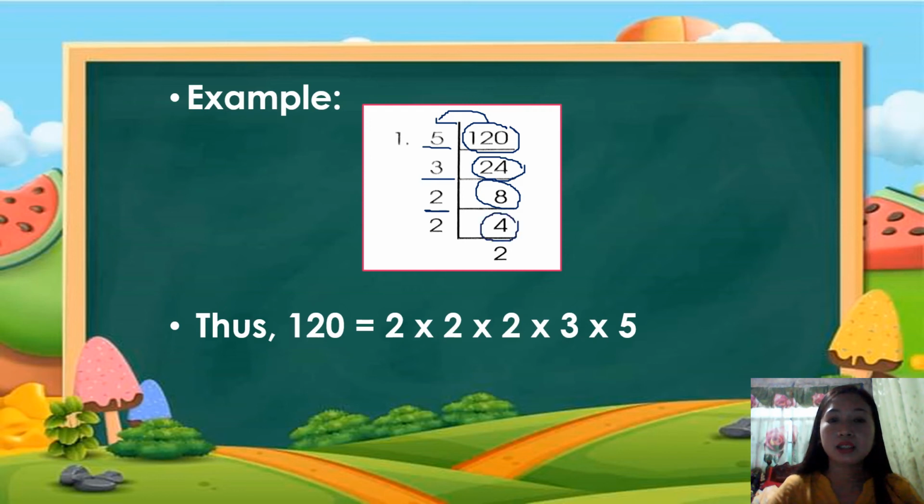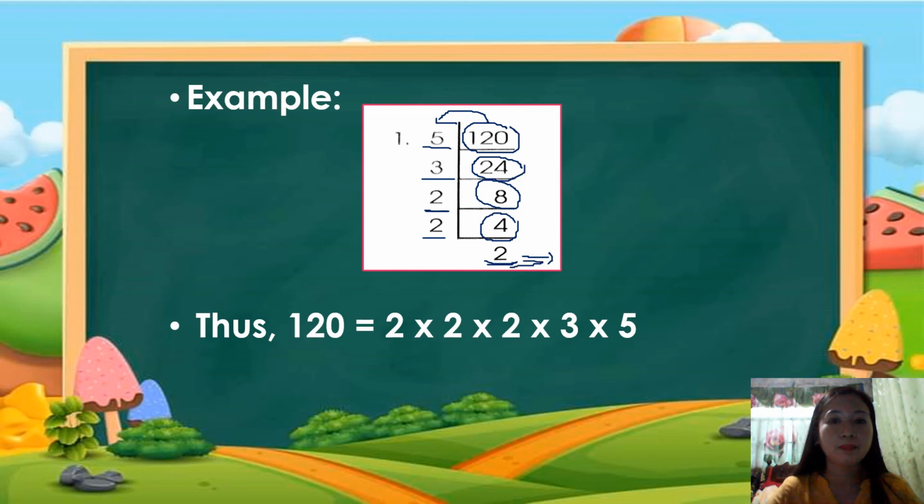The quotient is 4. Now, 4 is not yet a prime number. It is a composite number, so we divide it again by the prime number 2. 4 divided by 2, the quotient is 2. Now, the quotient 2 is a prime number.